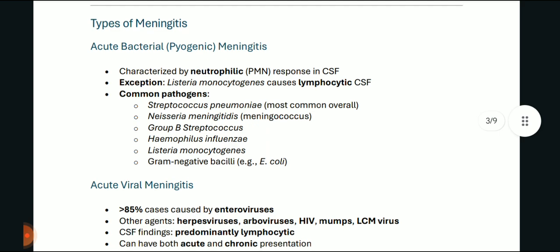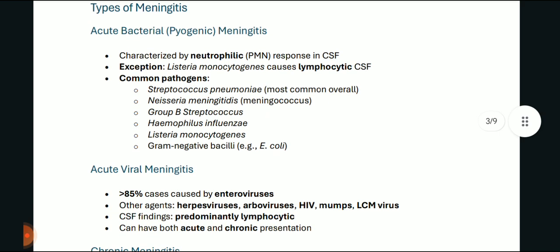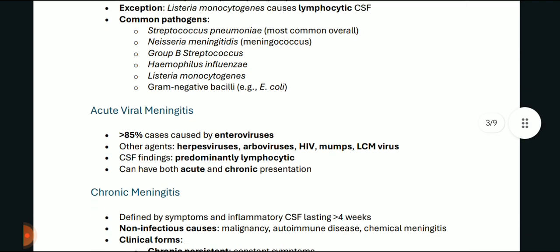Now the types of meningitis. Acute bacterial pyogenic meningitis is characterized by a neutrophilic PMN response in CSF. The exception is Listeria monocytogenes, which causes lymphocytic CSF. The common pathogens are Streptococcus pneumoniae, which is the most common overall pathogen, Neisseria meningitidis, group B streptococcus, Haemophilus influenzae, Listeria monocytogenes, and the gram-negative bacilli like E. coli.